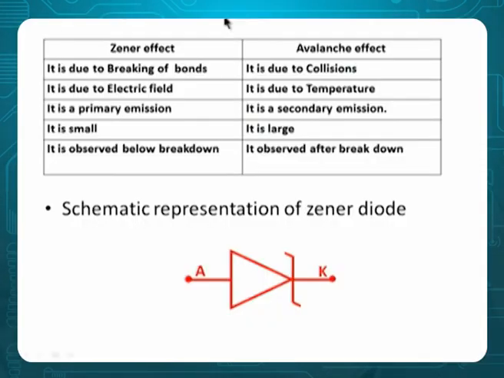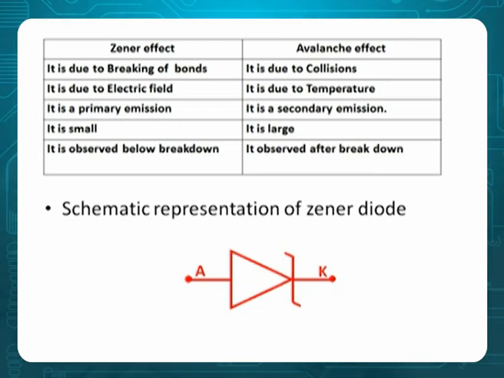That's how the characteristics come. I just tried to explain the difference between Zener effect and avalanche effect, because most of the time the question papers are asking. First point, Zener is due to breaking of the bonds, whereas avalanche is due to collisions. Whatever breaking is done, carriers come out of that, and those carriers will really become collisions there.